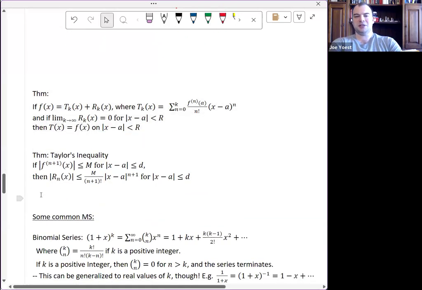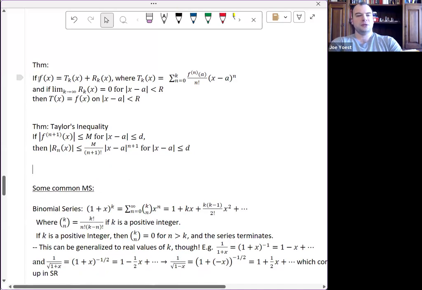So let's consider a function f of x, and let's consider a partial sum of a Taylor series, t sub k of x, the kth partial sum of the Taylor series. Here, t k of x is the sum of the first k plus 1 terms, the 0 through the kth term, of our Taylor series.